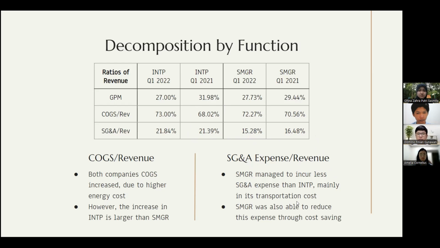Moreover, SMGR was also able to reduce this expense through cost saving. So, in the first quarter of 2022, the SG&A per revenue ratio for SMGR is decreasing, and we could see in the notes to financial statements that each element of this expense classification was reduced by SMGR.